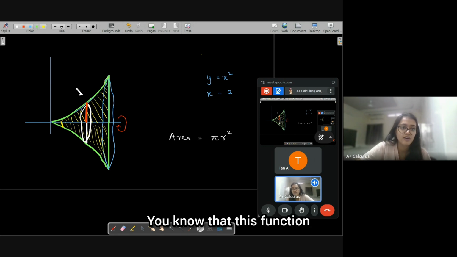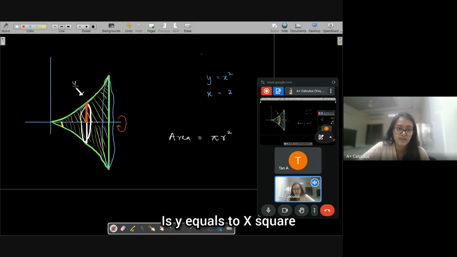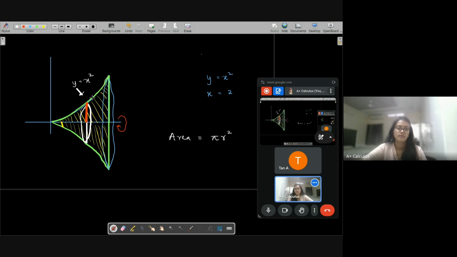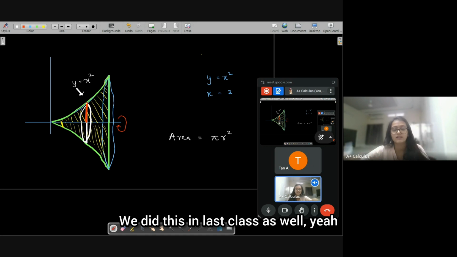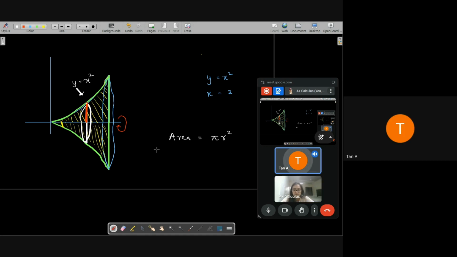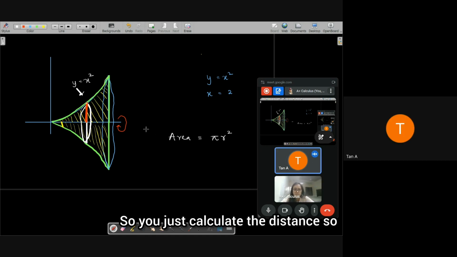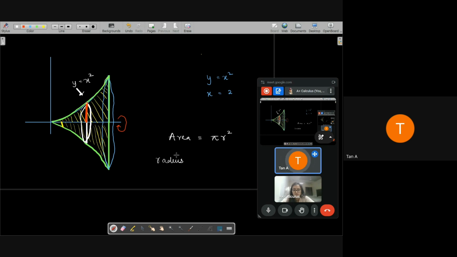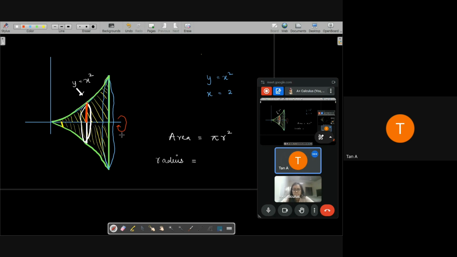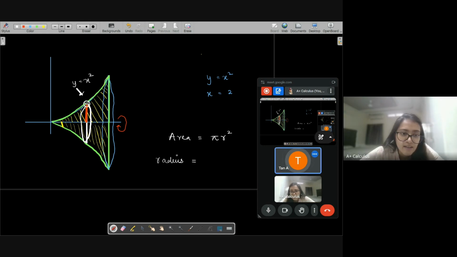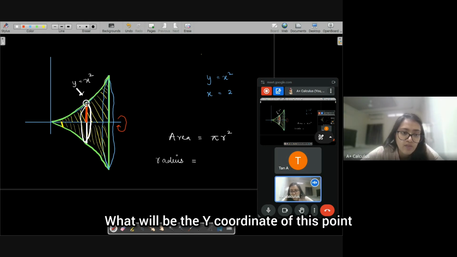You know that this function is y equals x squared. So can you tell me what will be the length of this radius from this point to this point? We did this in the last class as well. You just calculate the distance. What will be the y coordinate of this point?